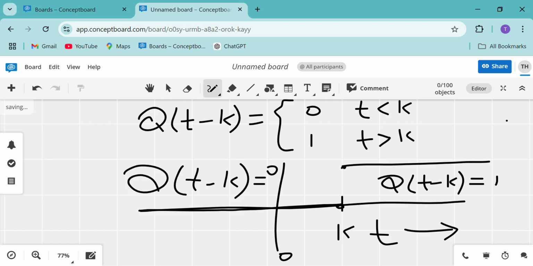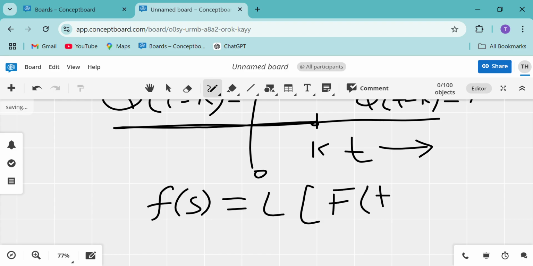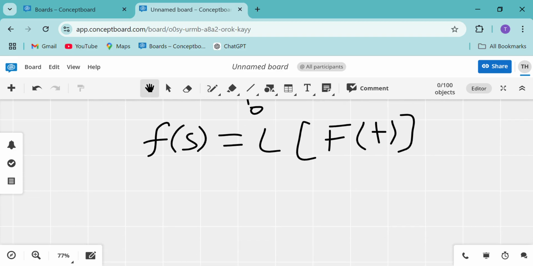Now we will see its Laplace transformation. The Laplace transformation of any function f of t is written as F of s. This is equal to the Laplace transform of f of t. Our Laplace transformation will change our time domain to s domain. Now we will write its integral form.